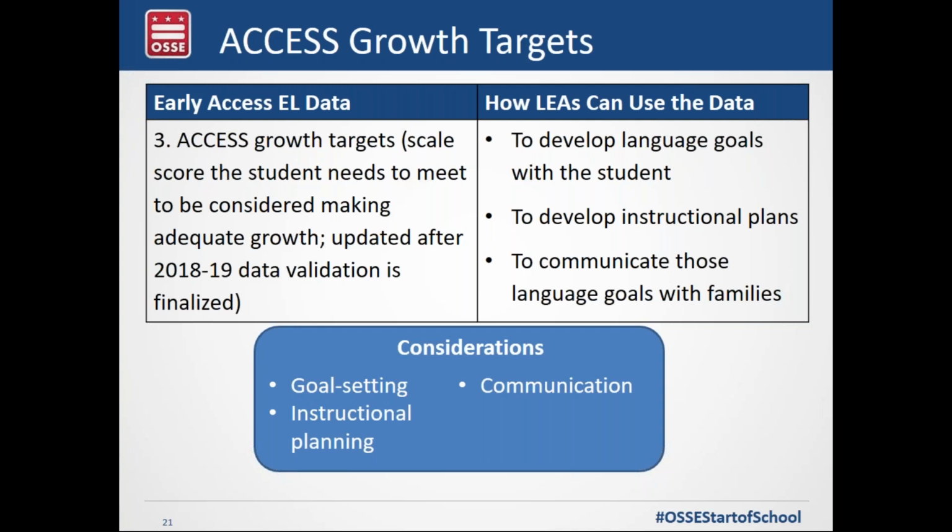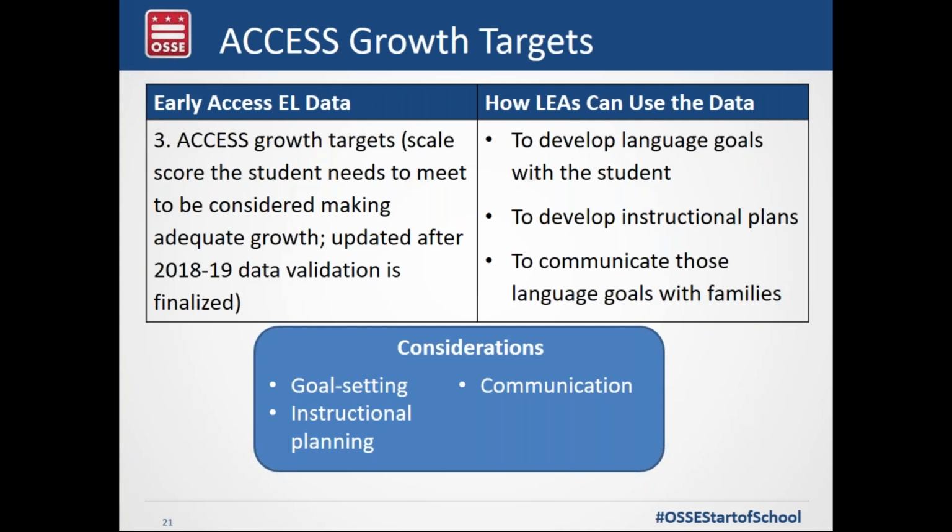What is really useful about having this available now is that it can be used to develop language goals with the student, so the student and the teacher and the family understand where the student is currently in their language proficiency and where the student would like to go or needs to go.